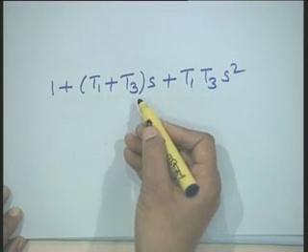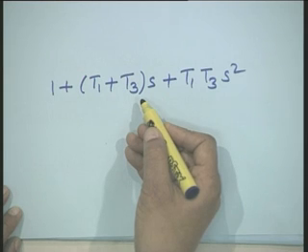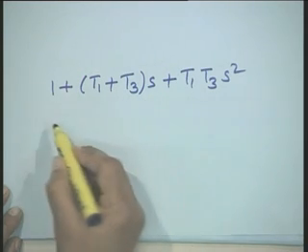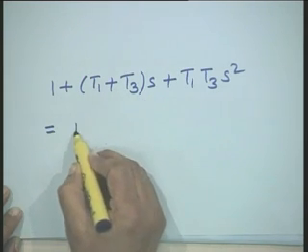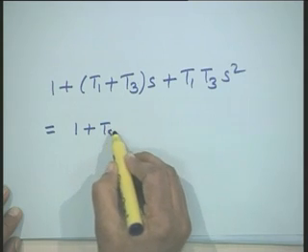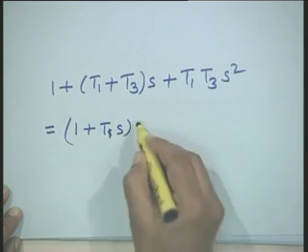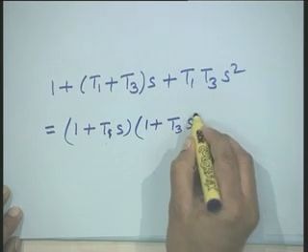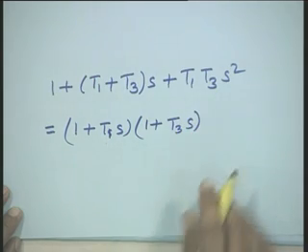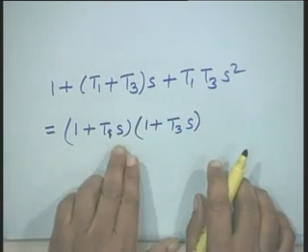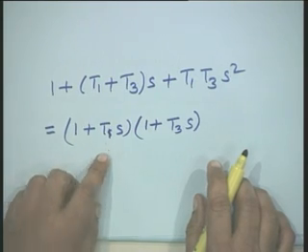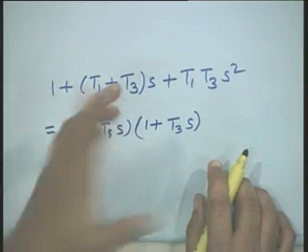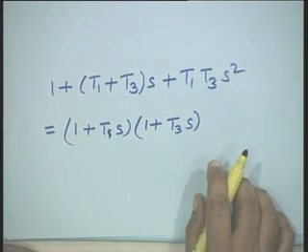You can find the factors of this expression. The factors will be 1 plus T1 S into 1 plus T3 S. If it is in this form, then directly you can identify that T1 is equal to T D O prime and T3 equal to T D O double prime.